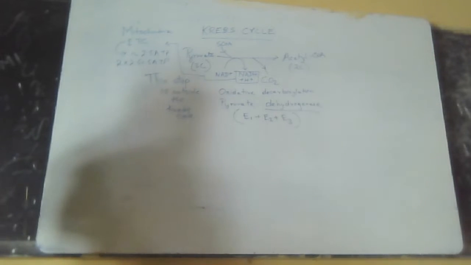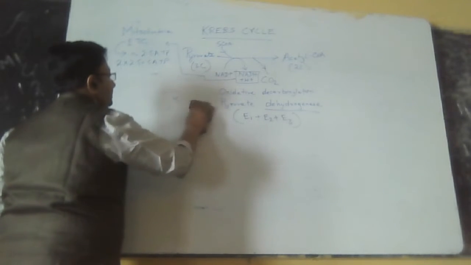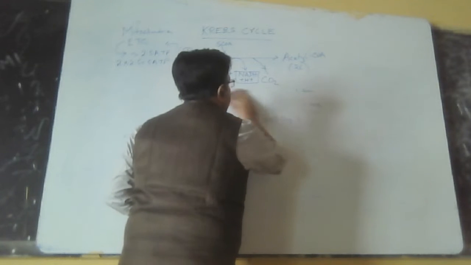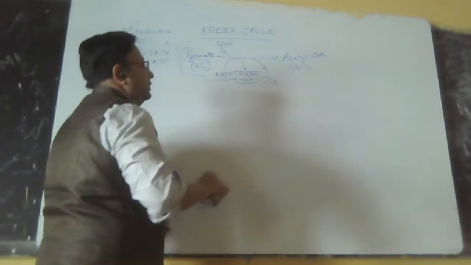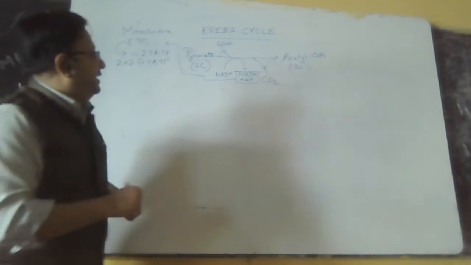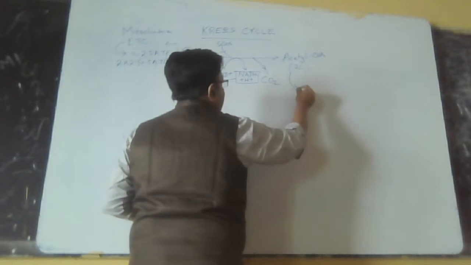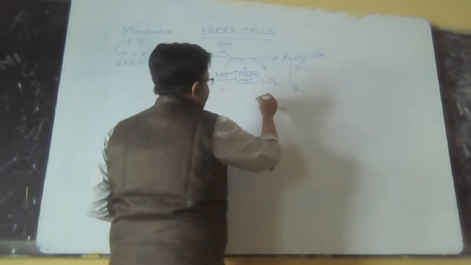Now this acetyl coenzyme A, there is a 4 carbon compound known as oxaloacetate.